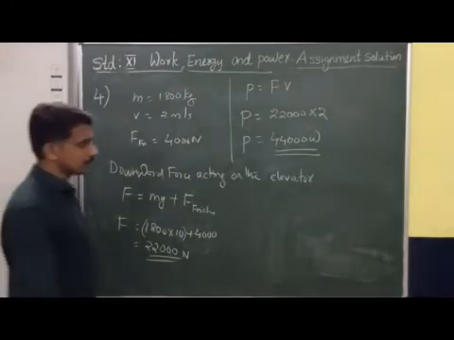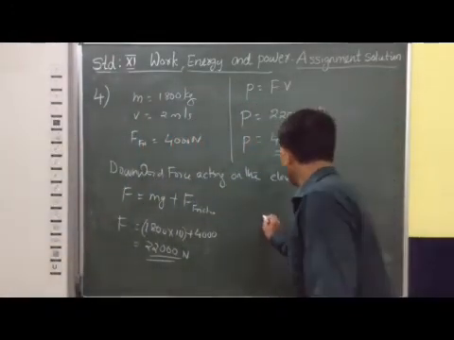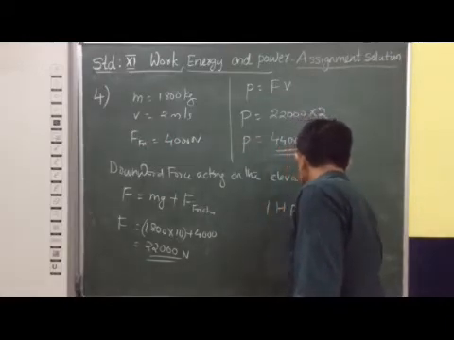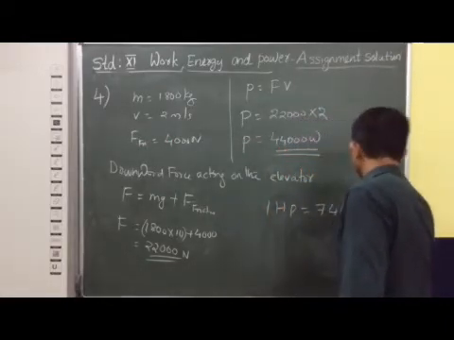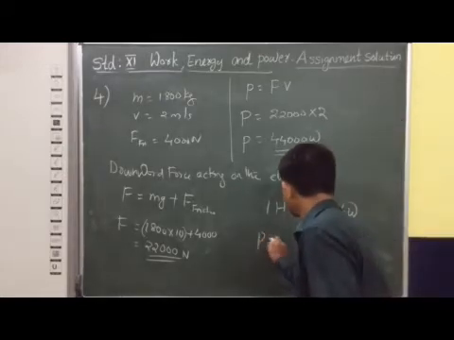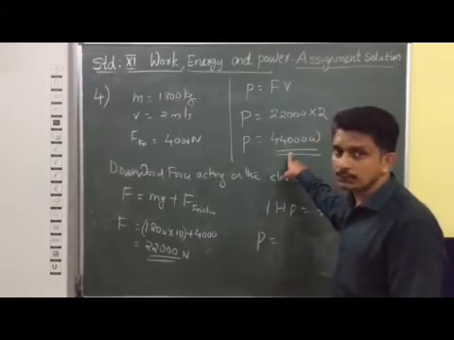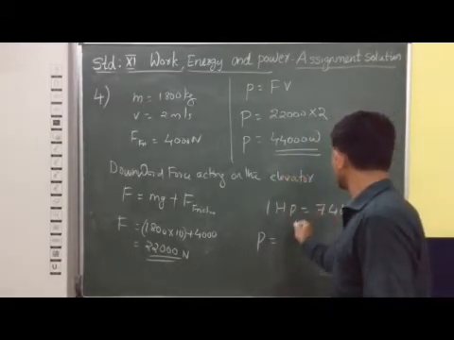Now we have to express this power in terms of horsepower also. We know 1 HP is equal to 746 watt. So if you want to express this in terms of horsepower, we have to divide by 746.